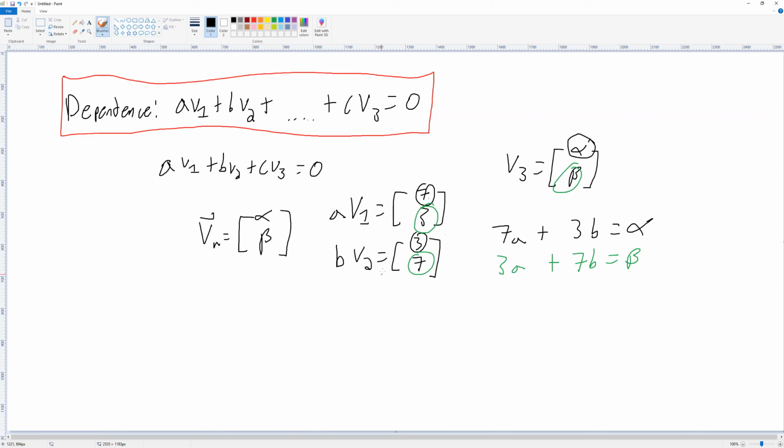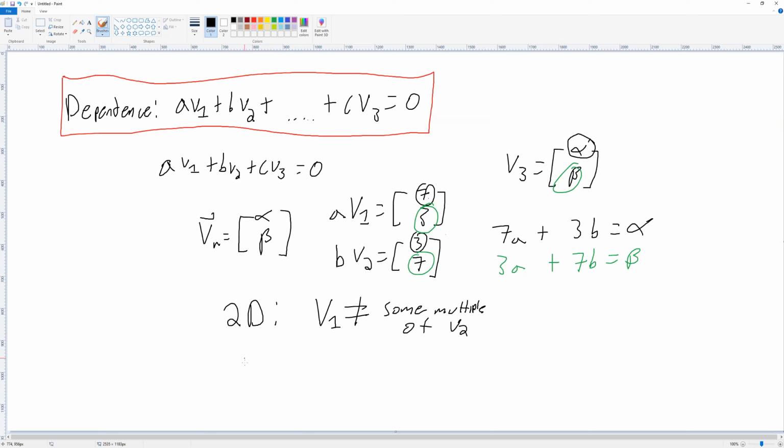We made no assumptions about the values for v1 and v2. Really, I can choose whatever numbers I want within these two vectors, and as long as v1 does not equal some multiple of v2 in two dimensions, then I'm guaranteed that I can make v3 from those two, and so the set will be dependent.